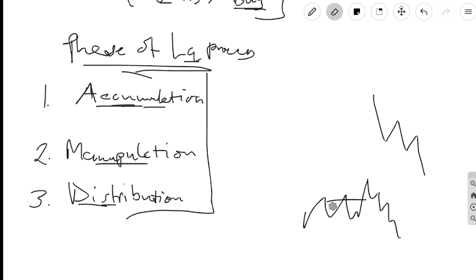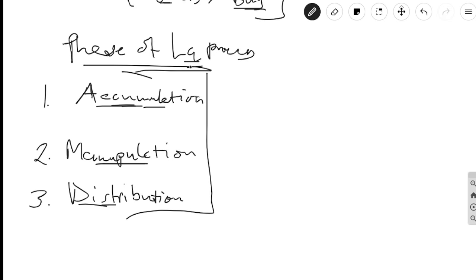And actually, this liquidation process is the way these big banks, big institutions, trade. This is the method they use to trade.